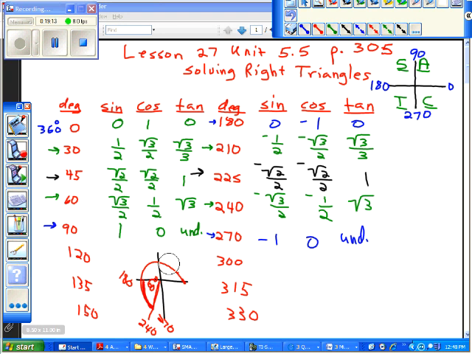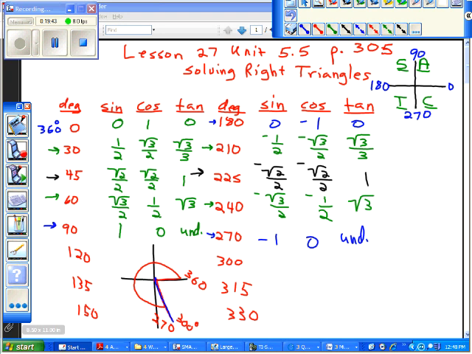All right, now we've got 300 degrees. This is 270, and this is 360, and we would start here, and 300 would go to there, right? Now, how do we get our reference angle? We go to the nearest piece of the x-axis.